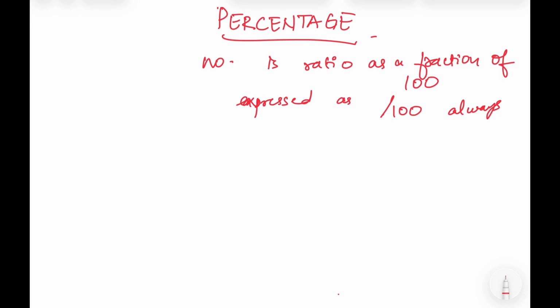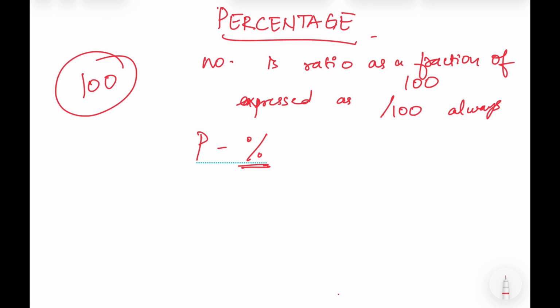As we see, percentage is always out of 100, right? And the symbol for this percentage is very simple. We write it like this. This is the symbol for denoting percentage. So it is a ratio of the fraction of 100. Percentage means per 100. Okay, so this is percentage, right?